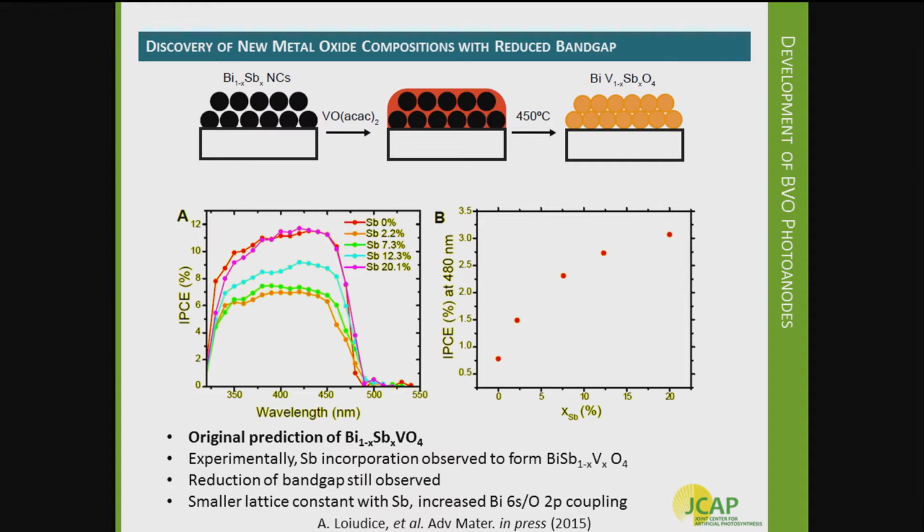However, our colleague in JCAP, Raffaele Buonsanti, using powerful colloidal nanoparticle synthesis methods, was able to synthesize this rather complicated material with compositions up to 20% antimony in the bismuth antimony vanadate. This is an initial stage finding, so the efficiencies that you get from a brand new material are not going to be directly competitive typically with materials that have been under development for decades.